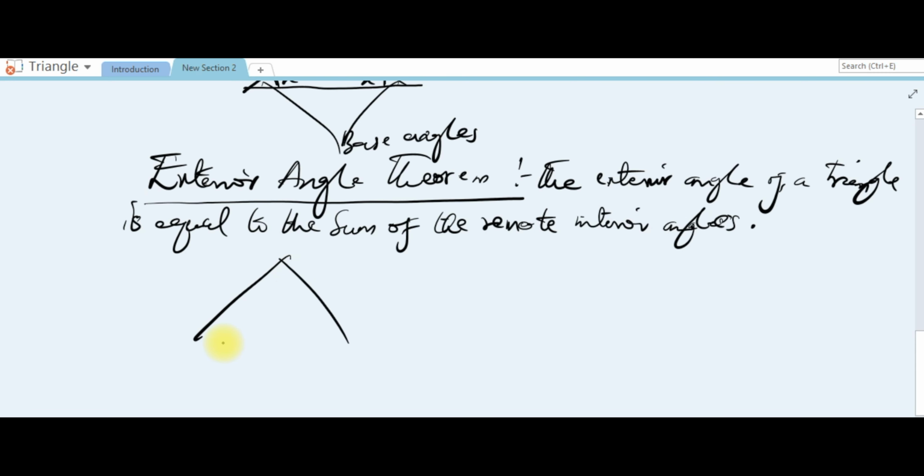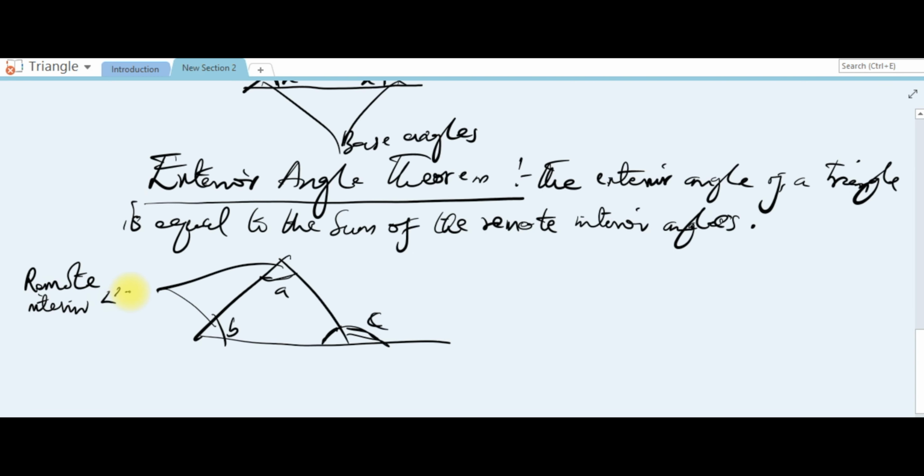So if you have a triangle, and here is A, here is B, assuming this is the exterior angle, the other two angles that don't form a linear pair, that don't form an angle on a straight line, are the remote interior angles.